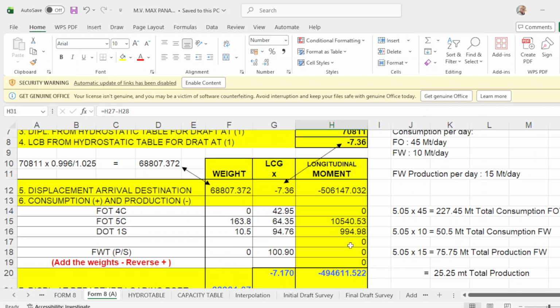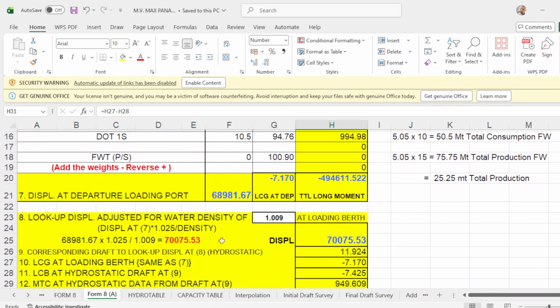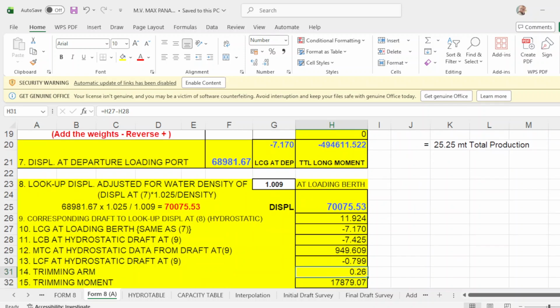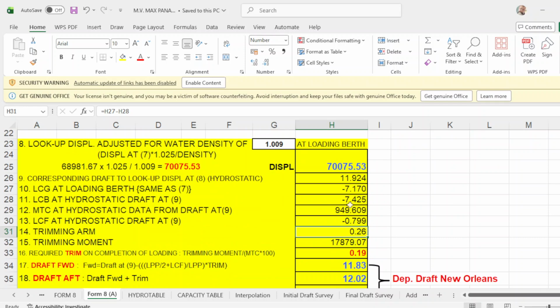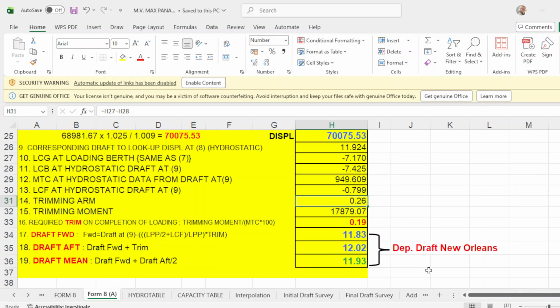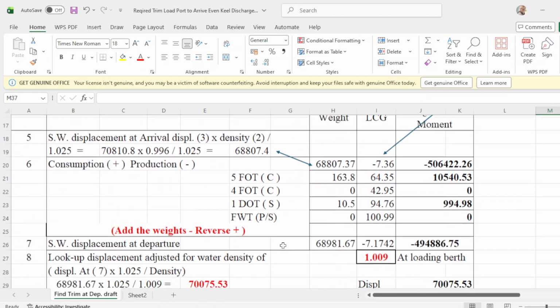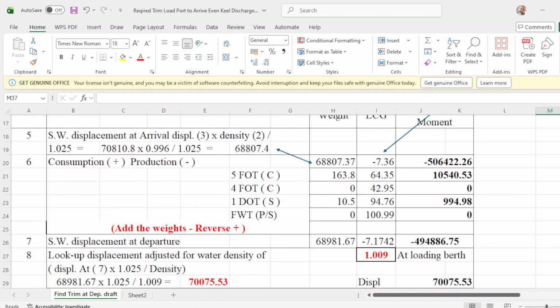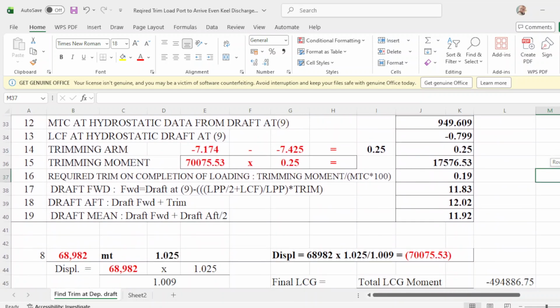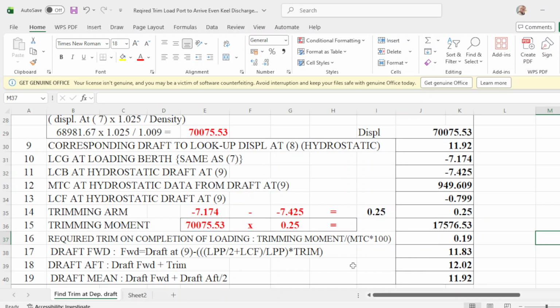Put positive here and put the LCG and you will have the displacement here. Then your final LCG, then it will convert the displacement of 1.009. Then you pick up these figures from your hydrostatic table until you reach your departure drop in your range, which is the same with this manual computation. Okay, so you just follow this one and you get the same figure.